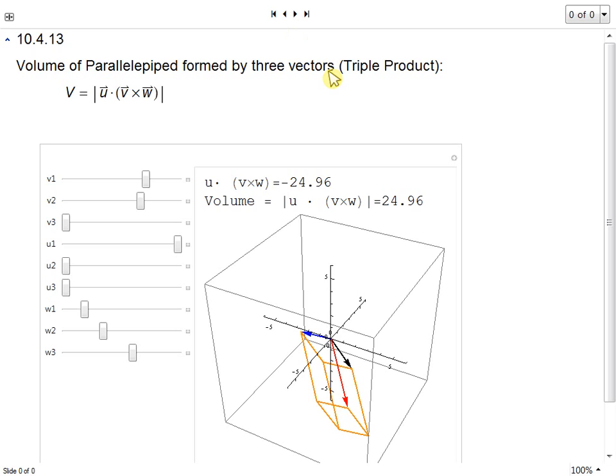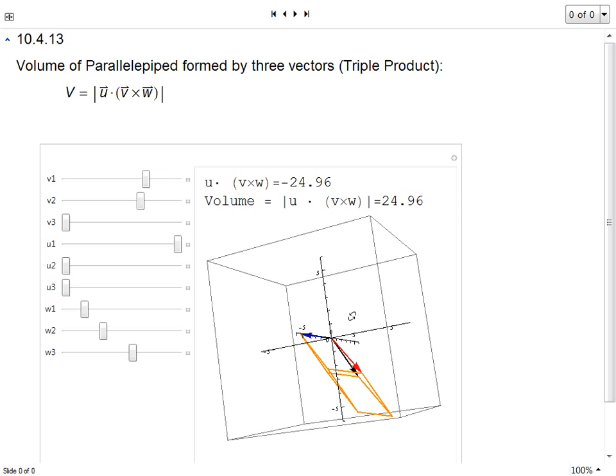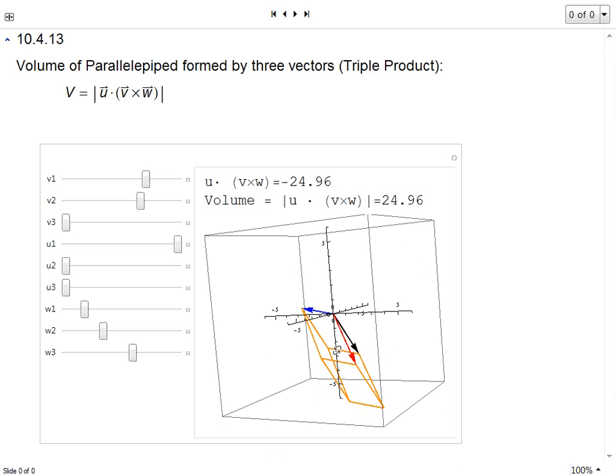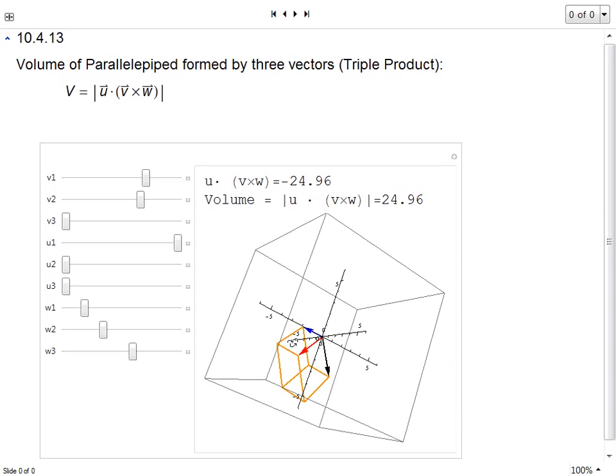So if we had two vectors, we can create a parallelogram and we can find its area. If we have three vectors, then they create this thing called a parallelepiped. Can you see it?